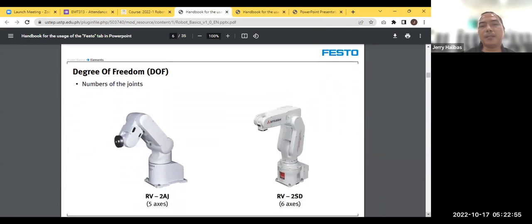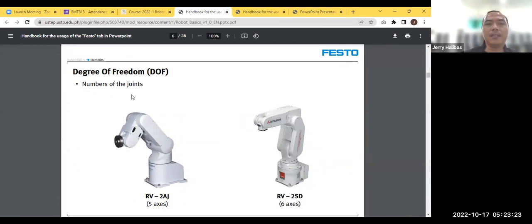Because I always ask this: what is the degree of freedom, or DOF, of the robot? From the word itself, it is the level or degree of freedom of movement. So this is referring to the movement of your robot. If we talk about an industrial robot, this is actually the total number of joints.